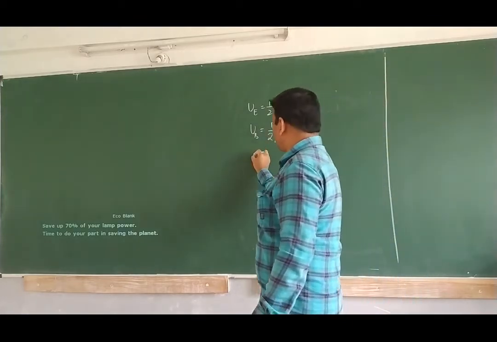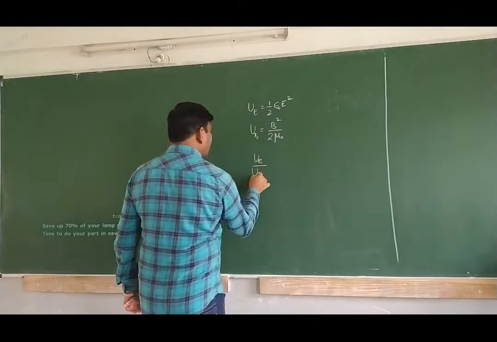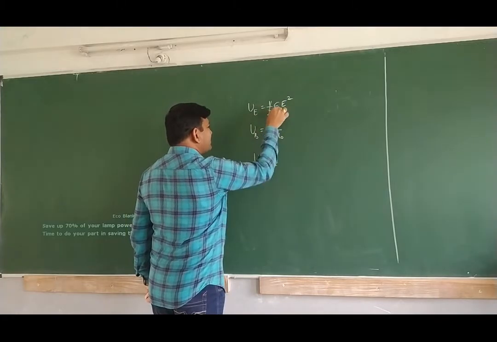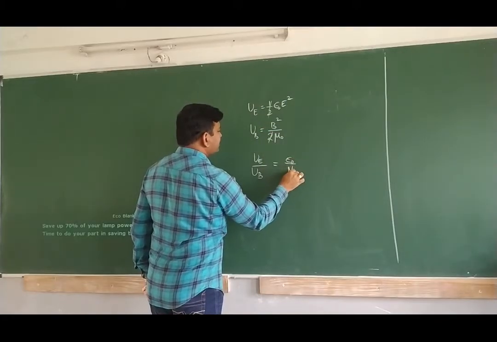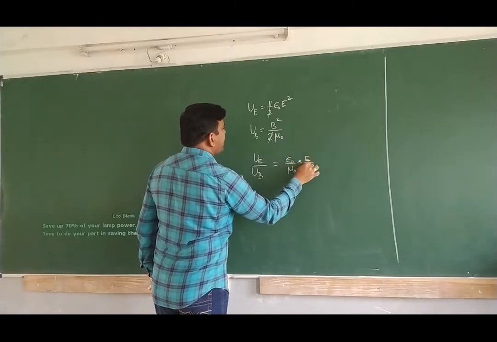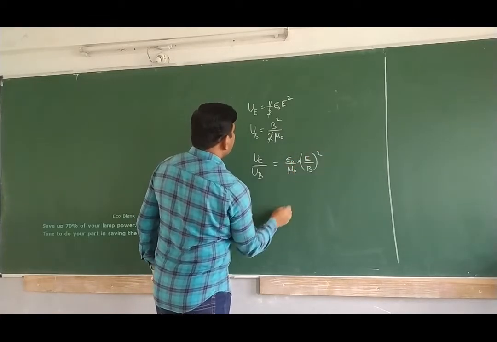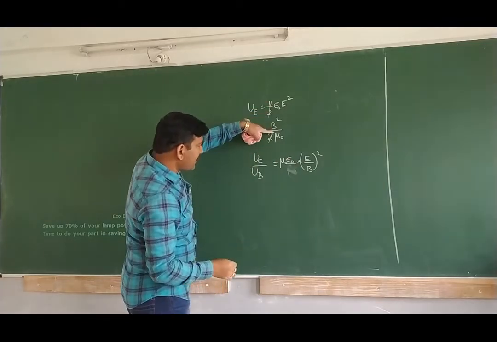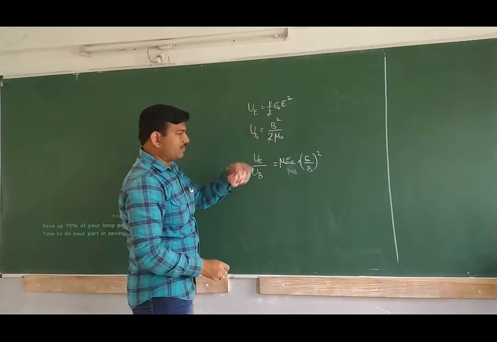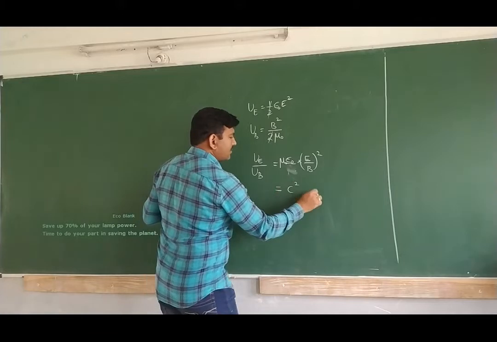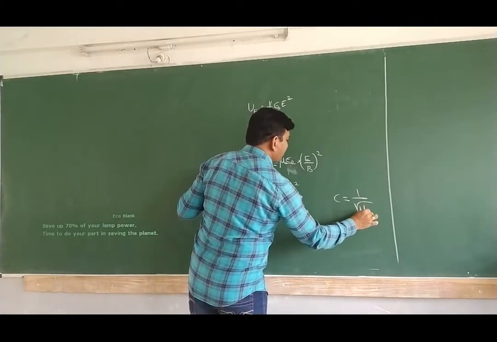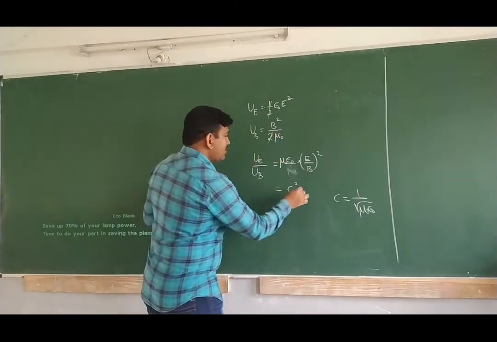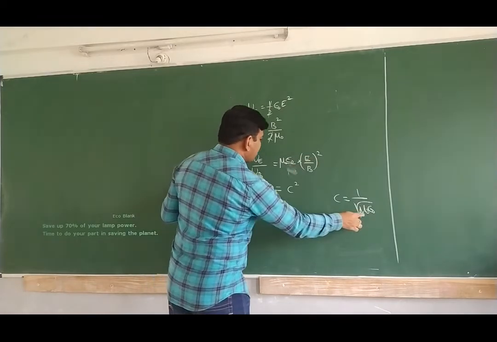So what is this ratio now? UE divided by UB, the energy due to the electric field and the magnetic field. This is half epsilon naught E square divided by B square by 2 mu naught, which is mu naught into epsilon naught into (E by B) whole square. We know that C is equal to 1 by square root of mu naught epsilon naught, so mu naught epsilon naught is 1 by C square.